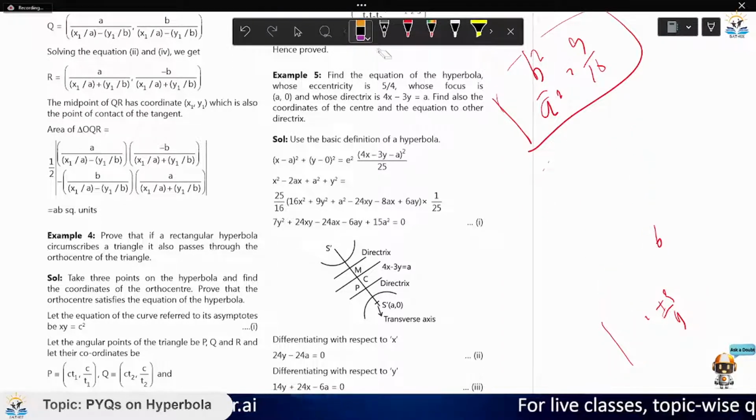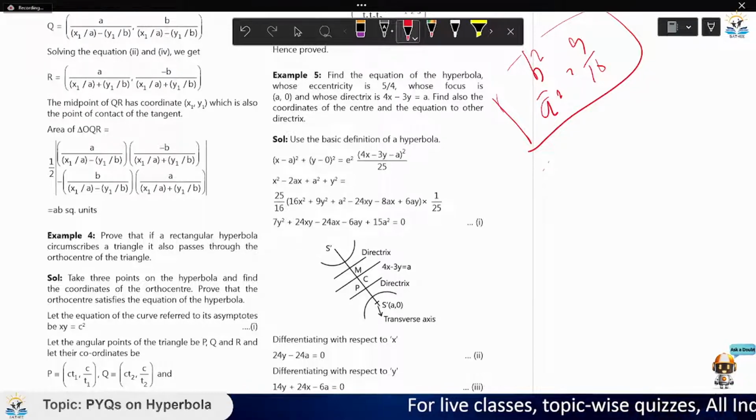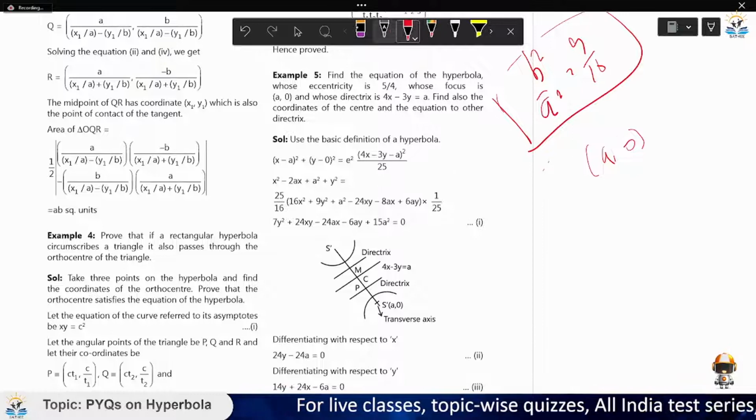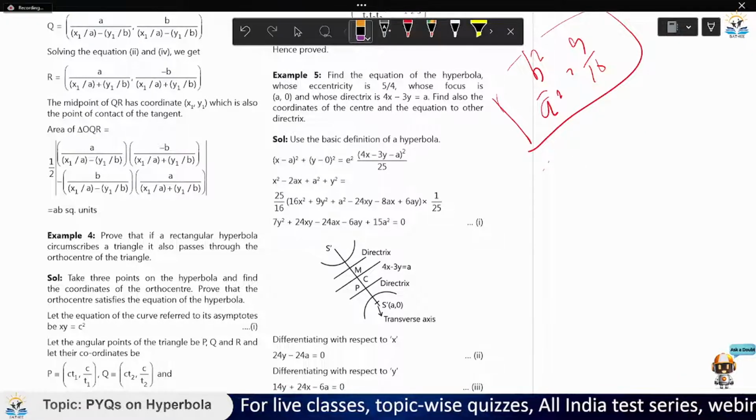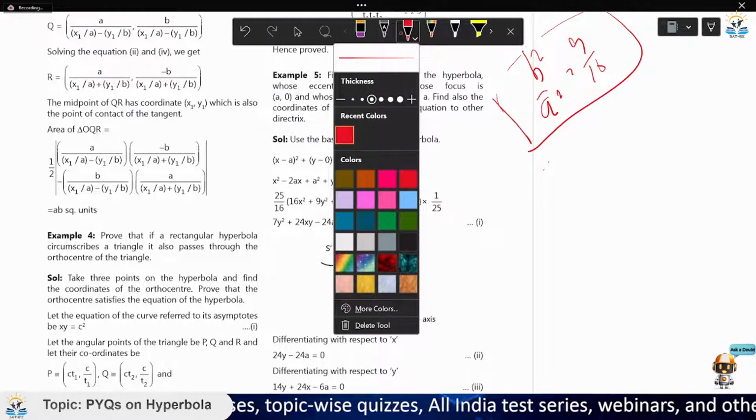And after that, we have that the focus is a comma 0. So let's take it as capital A to avoid any confusion, because here our a is the standard a that we have for a hyperbola.